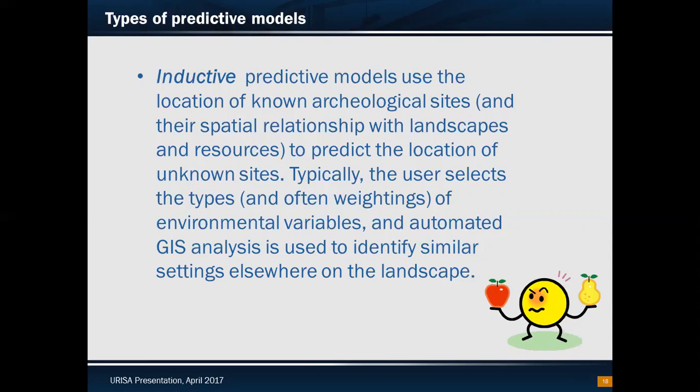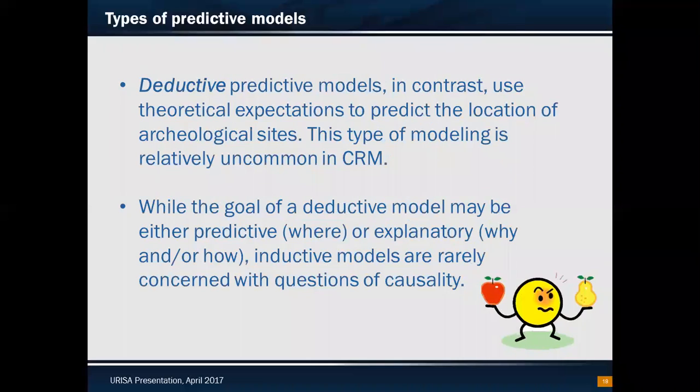You look at where the sites are located in relationship to various predictor variables and use that to predict where other sites are going to be. So you're starting from known sites and extending that out. Deductive models, in contrast, use theoretical expectations for where sites should be. Relatively uncommon, but that's what we're talking about here. The integrity models are deductive models.